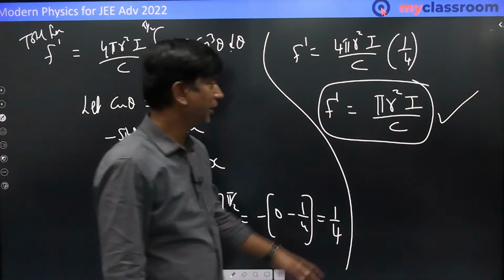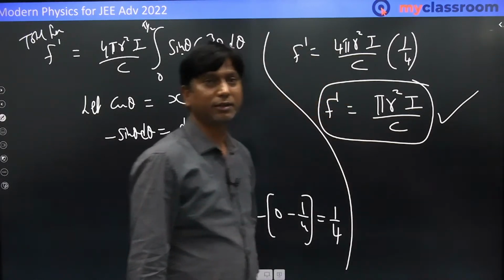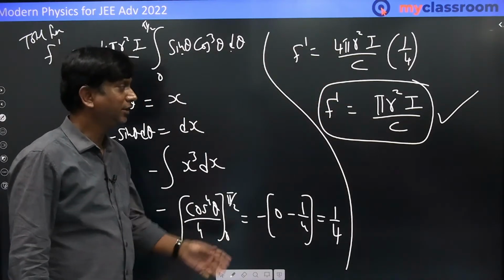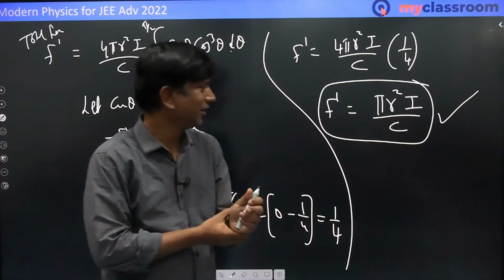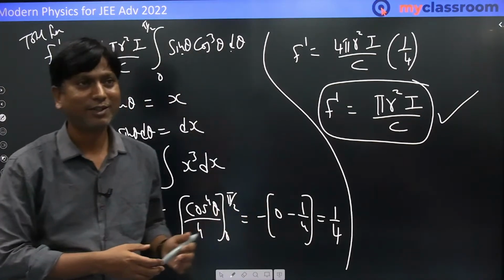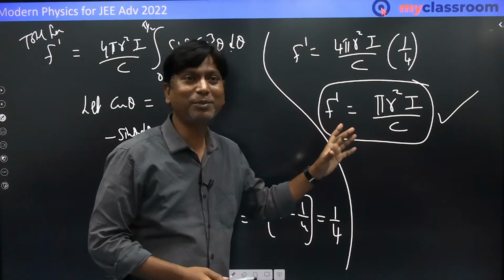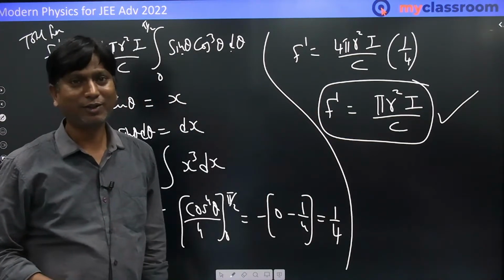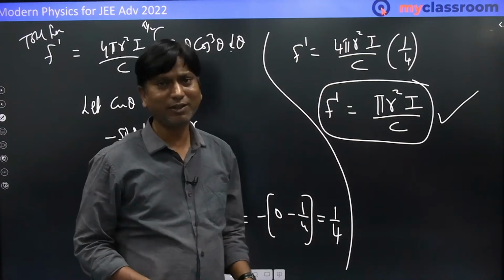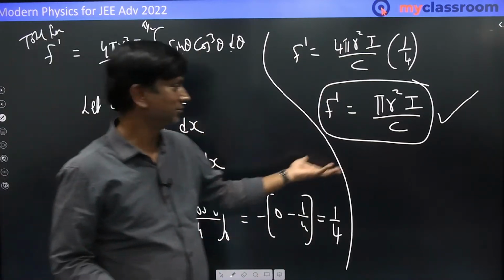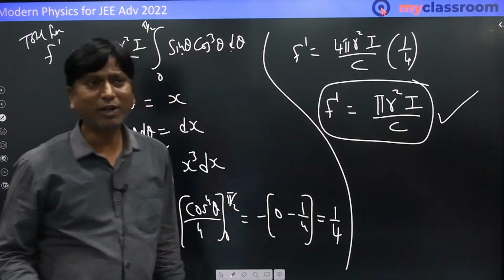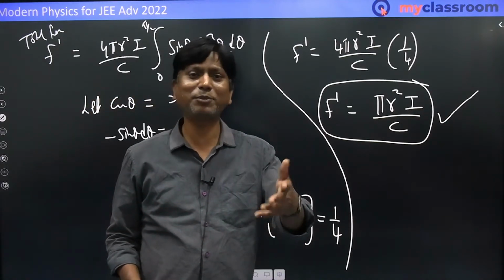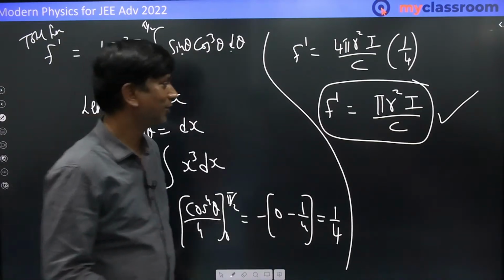Okay. It's becoming pi r square I by c. All right. So this is exactly in tune with the force exerted by the electromagnetic radiation when it is perfectly absorbing. Of course here it was reflecting in a different direction, but that doesn't mean that it holds for all the cases of reflecting and absorbing.